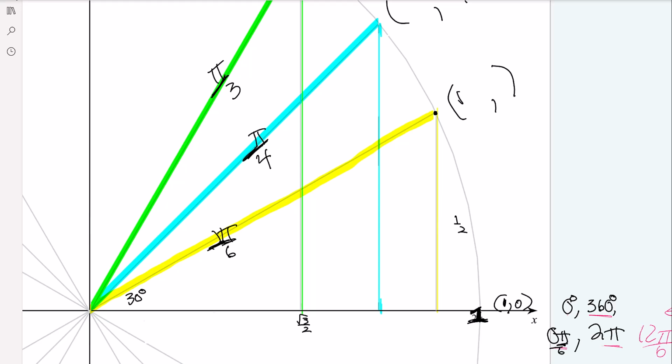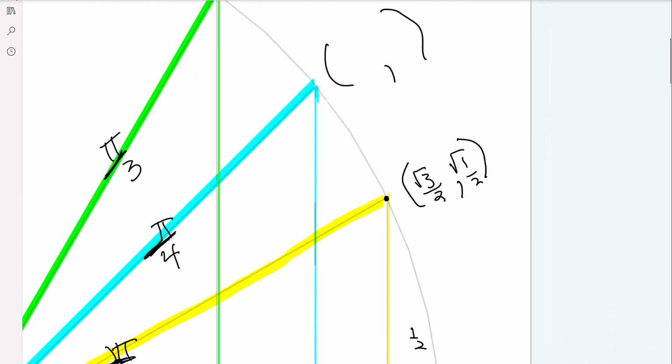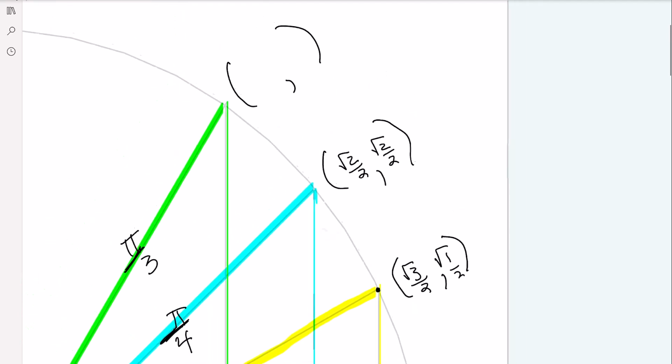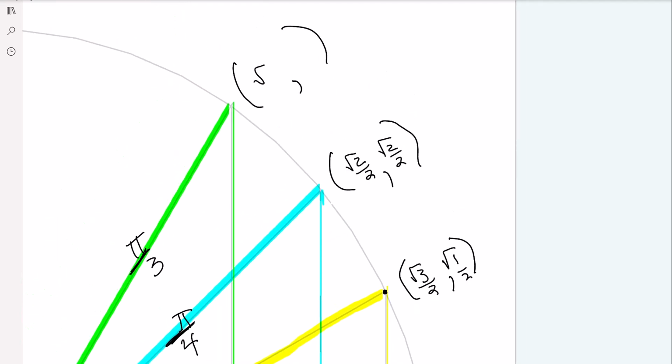So our x value is root 3 over 2. Our y value, I'm going to put square root 1 over 2. Now look at the pattern. At pi fourths, root 2 over 2, root 2 over 2. At pi thirds, 1/2, I'll just put root 1 over 2, root 3 over 2.